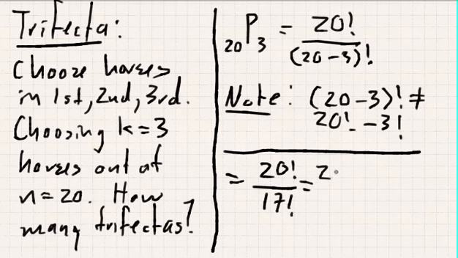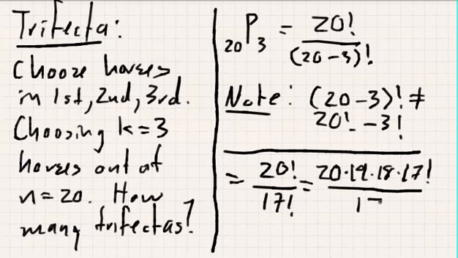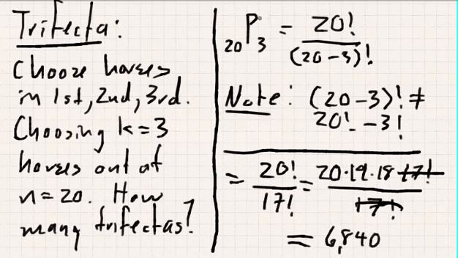And 20 factorial, let me write this out, is 20 times 19 times 18 times 17 factorial divided by 17 factorial. I'm writing it out like this so that I can cancel these out. And I'm just left with 20 times 19 times 18, which I've already computed off to the side. This happens to be 6,840. So that is the total number of ways that I could choose the horses in first, second, and third place out of 20 horses.